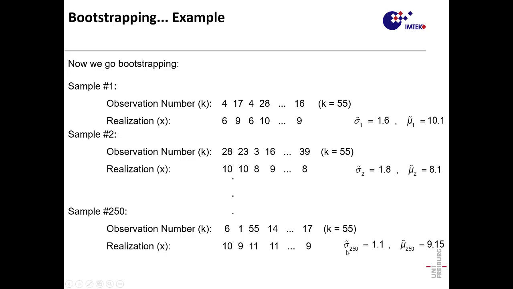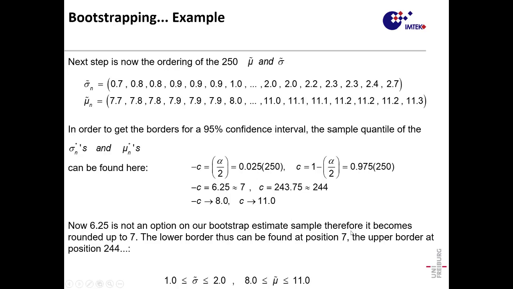And in the 250 times, you get another set of mean and variance. So the idea is that you order all your 250 variances and means from the lowest to the highest, okay? And then you try to find a confidence interval where your true mean and variance will lie, okay?